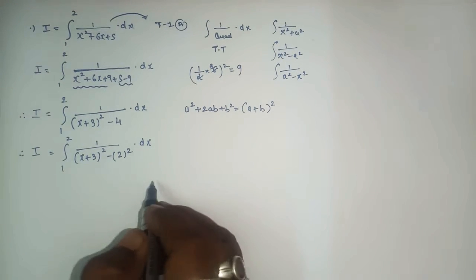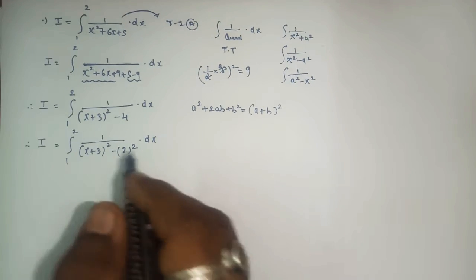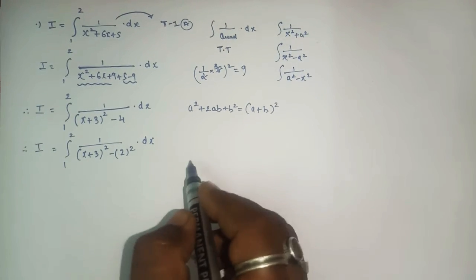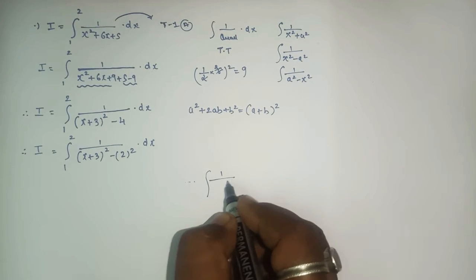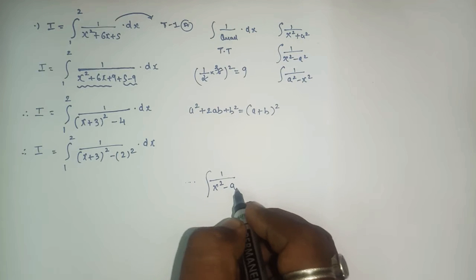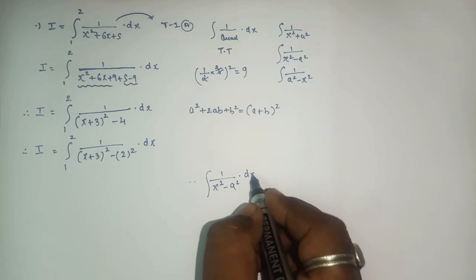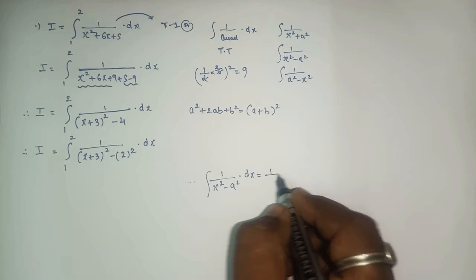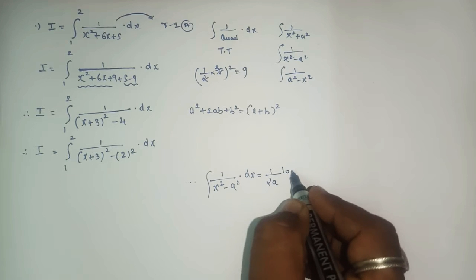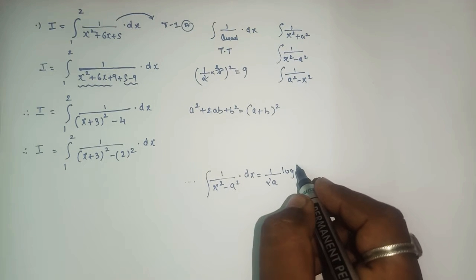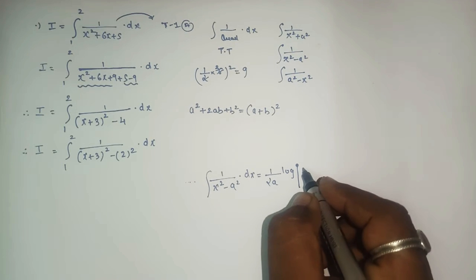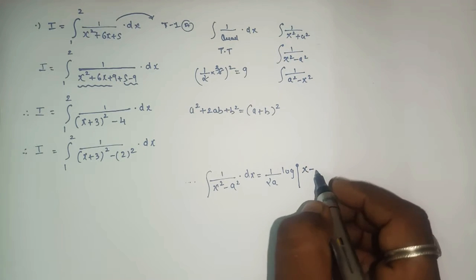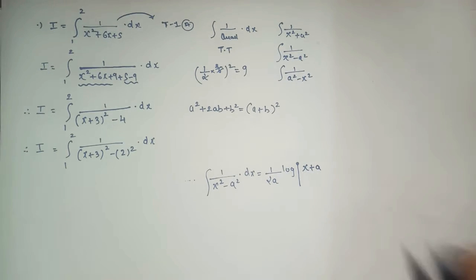Now you have to guess the formula. Can I say this looks like integral 1 upon x square minus a square into dx, which is equal to 1 upon 2a log, yes or no, log mod of x minus a upon x plus a.